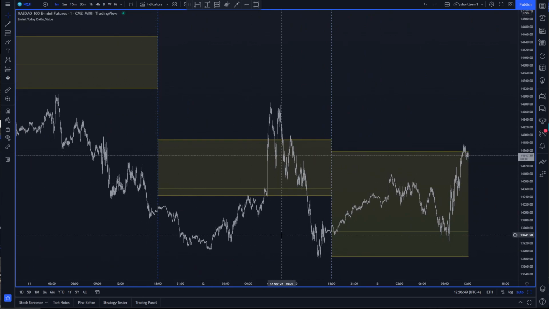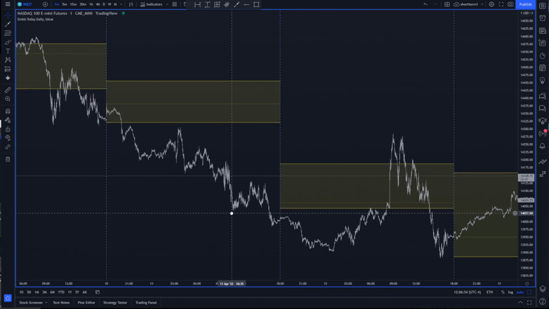So this is the first thing that I want to know: did we have an up day or a down day, and where was the close? If the close is outside of the value area, then I want to go in the same direction as the previous day. If we close inside of the value area, I want to go against the previous day's direction.